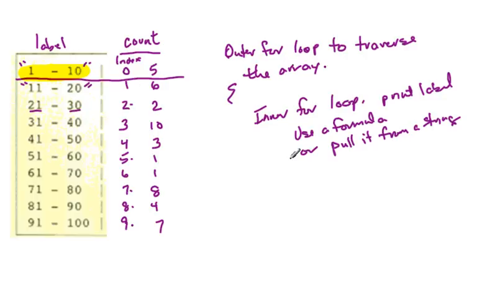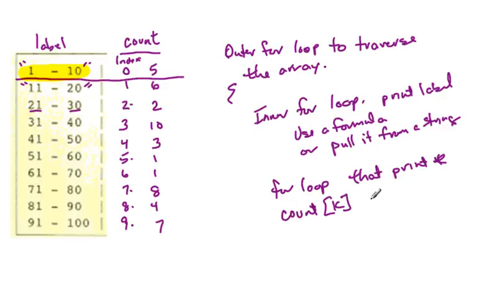The next thing you're going to do is have another for loop. So the first thing is to use a formula, and then you're going to have a for loop that goes through and prints stars, count bracket k times.